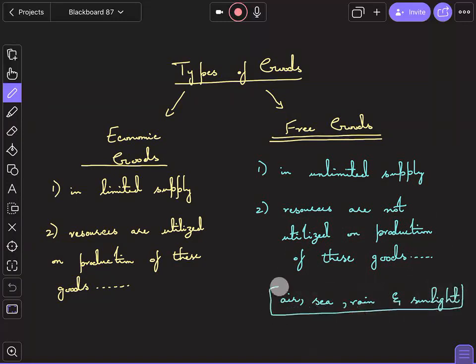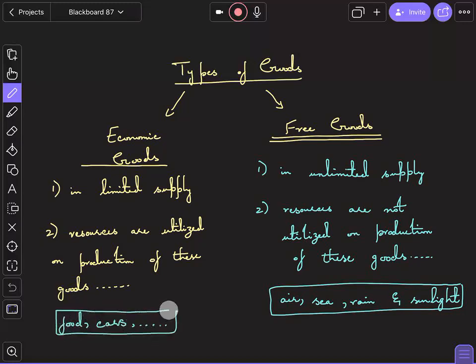While all the other goods will be economic goods: your chocolates, your mobile phones, your iPads, your food that you are growing, where you are utilizing your resources on the production of the food. They are all your economic goods, like food, cars, and so on and so forth. So all of these goods will be your economic goods.